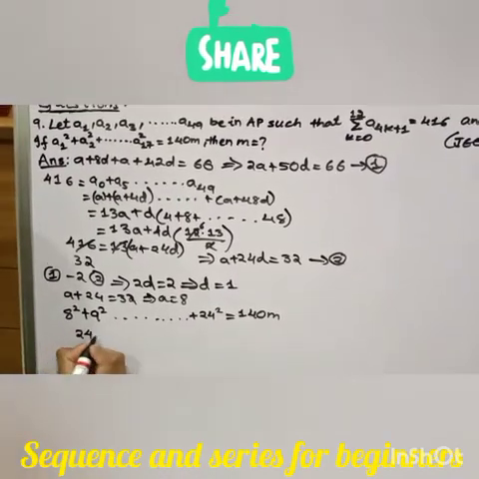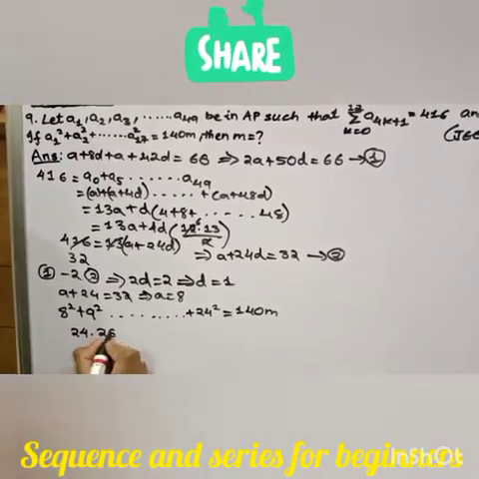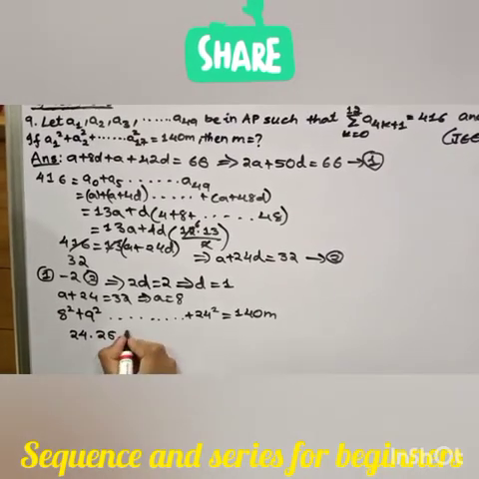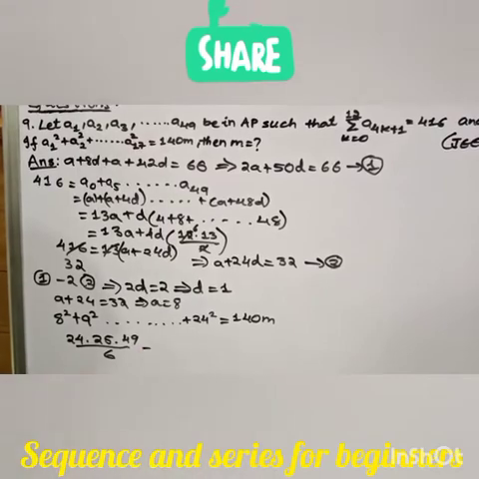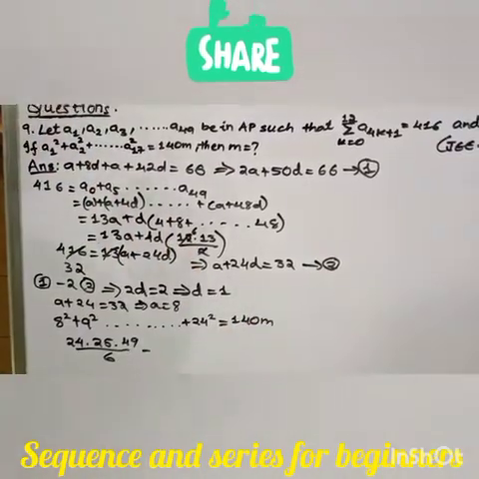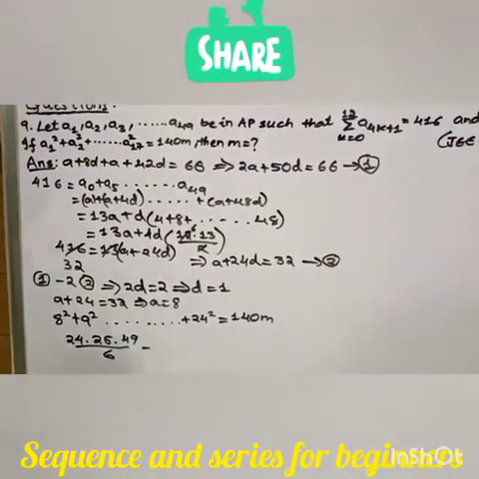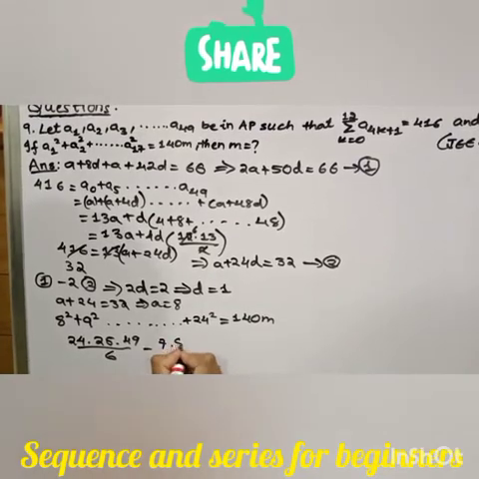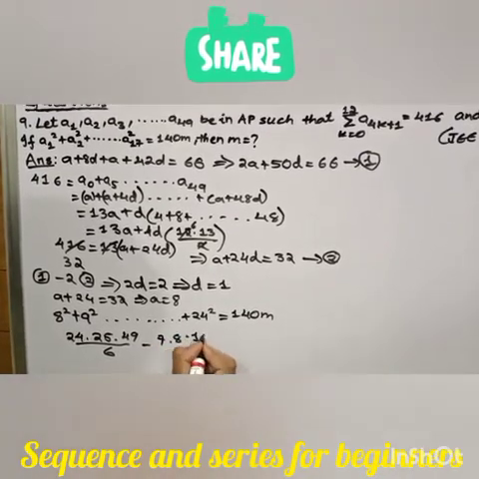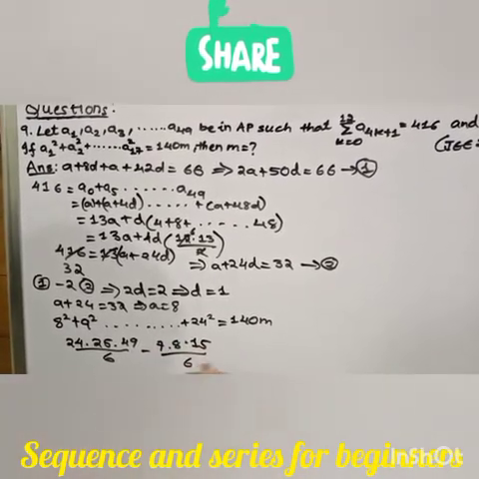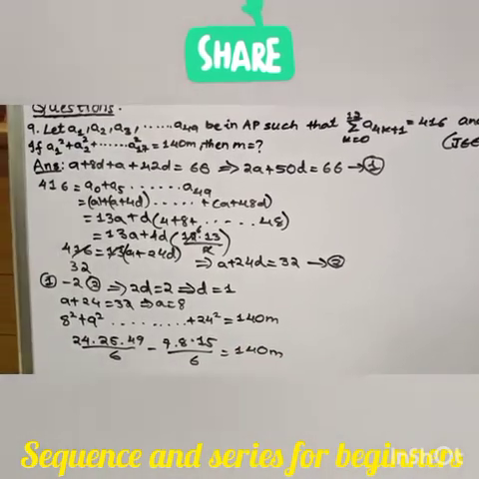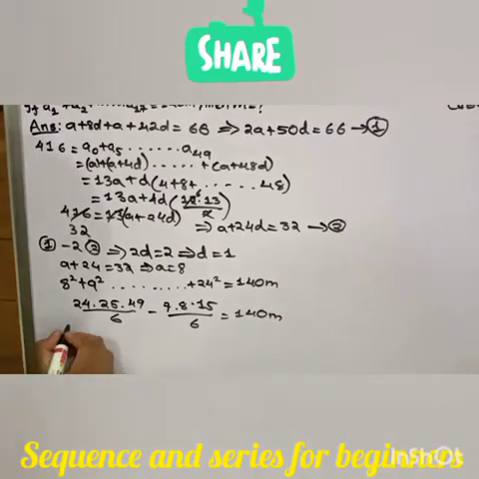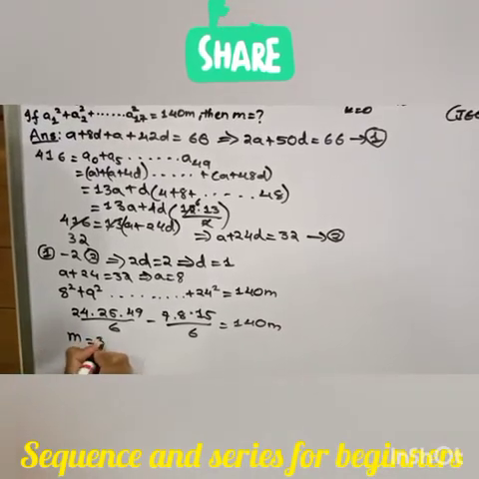So 24 times 25 times 49 by 6, minus we have to subtract that, so 7 times 8 times 15 by 6 is equal to 140m. So after you solve, we get m is equal to 34.